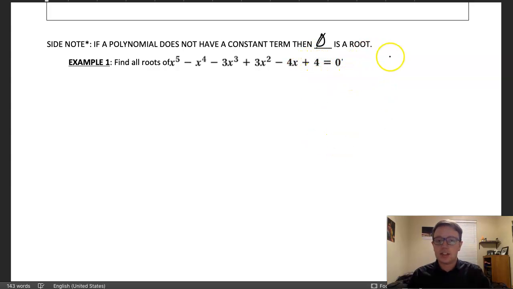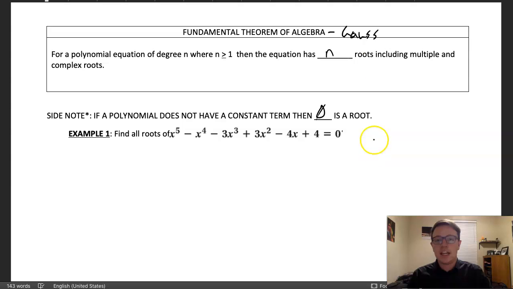The first thing, let's consider the fundamental theorem of algebra. It says that if we have a polynomial of degree n, in this case n is 5, that means we'll have 5 roots. So we have a total of 5 roots we're looking for. Now how are we going to find these 5 roots? Go back to your toolbox.